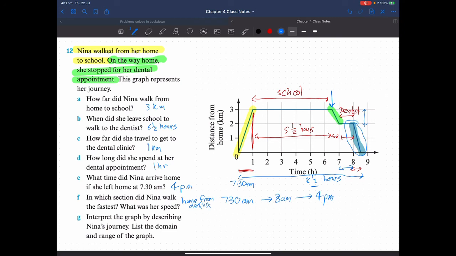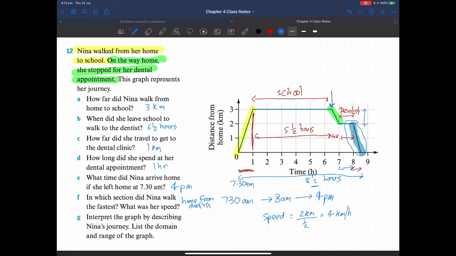So her speed, home from the dentist, she travelled 2 kilometres, distance divided by time, which was half an hour. So I'm going to write it as a half. So 2 divided by 1/2 is 4. So her speed was 4 kilometres per hour.